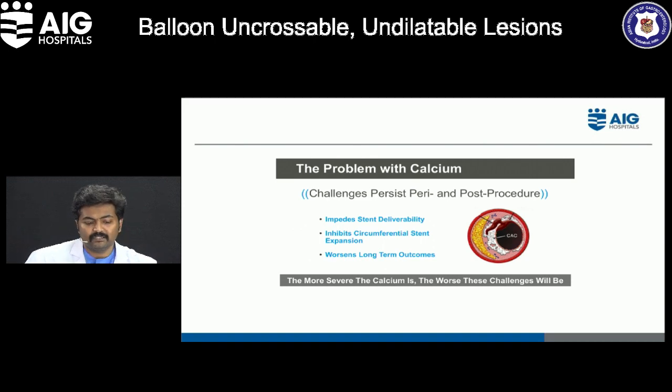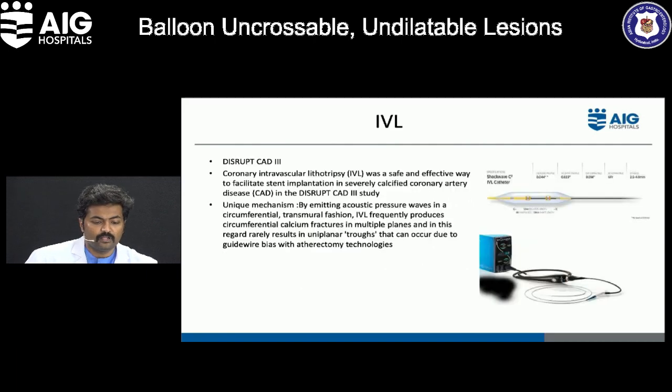The problem with calcium, as we all know, is that it impedes stent deliverability, inhibits circumferential stent expansion, and worsens the long-term outcomes. Like we all know, the DISRUPT-3 study proved that IVL was a safe and effective way to facilitate stent implantation.